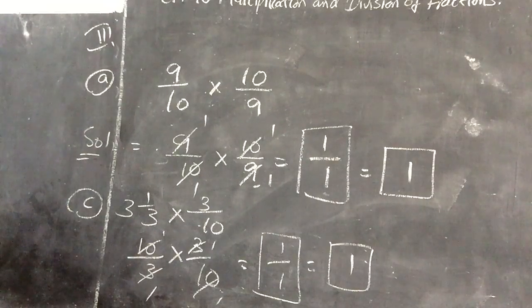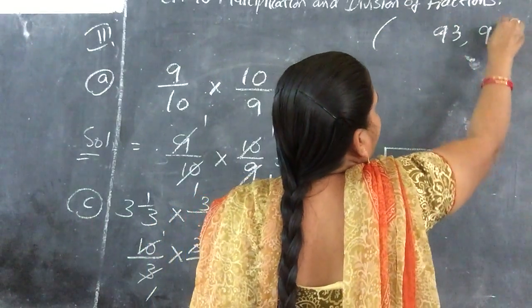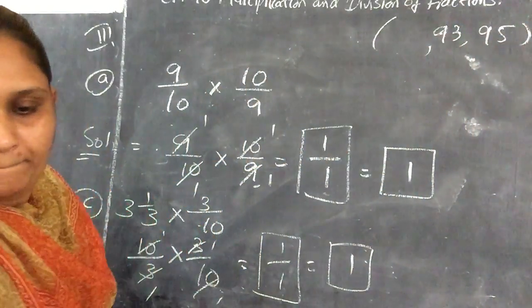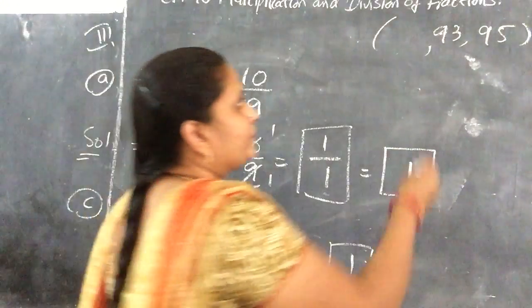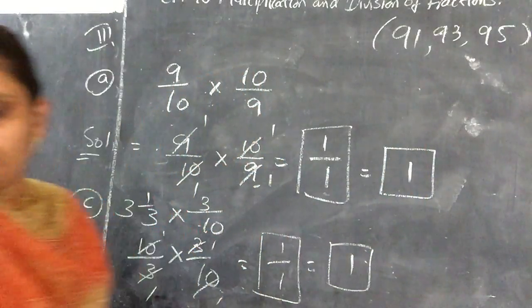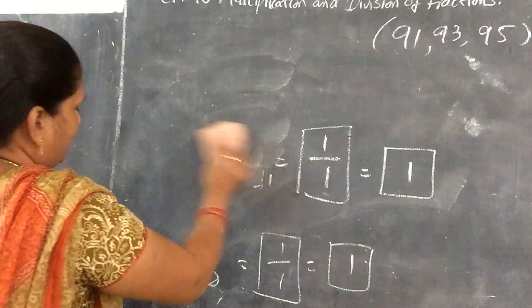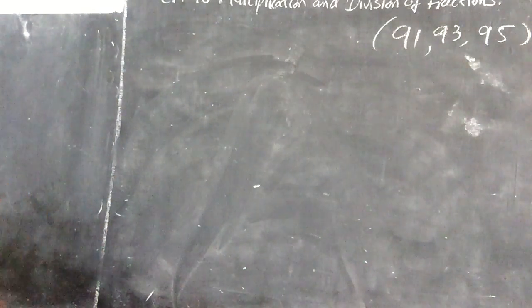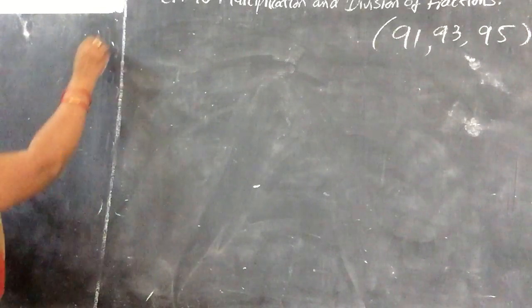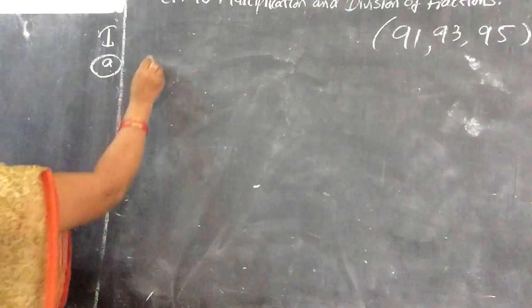Next, now open textbook page number 95. Open textbook page number 95, children. Here, in the first section, they are asking to write the reciprocal. Roman number 1. The first one is 3 1 by 7.